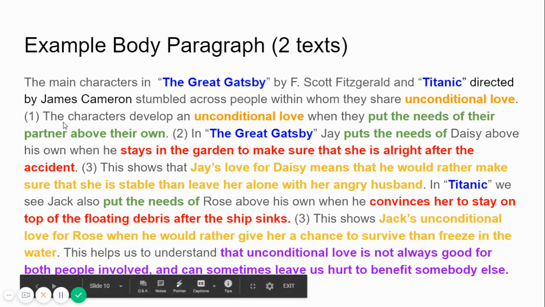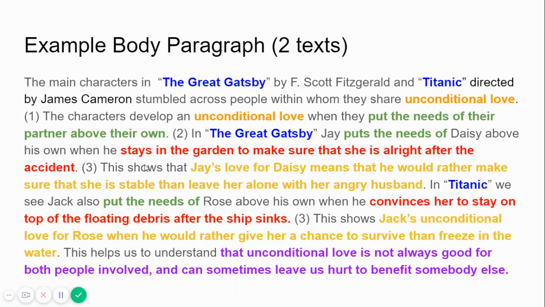Then we've gone and generalized about both of the texts in our next section. The characters develop an unconditional love when they put the needs of their partner above their own. So here you've expanded on the idea that helps you to see unconditional love in both texts. And then you go on to give an example.